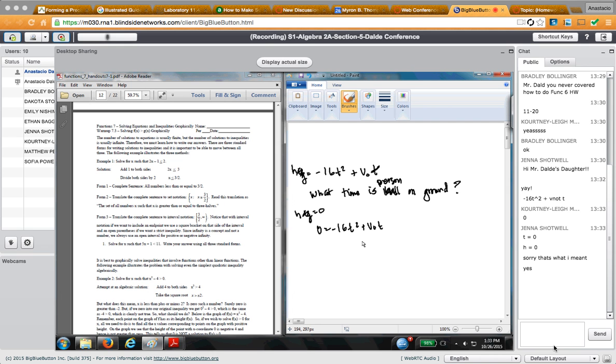Then I solve for that: I put 16t squared on the other side, equals v naught t, divide both sides by t, and I end up getting the time that I'm looking for is v naught over 16, because I'm asking what time this is going to happen. So, everyone cool with that? That's the time at which the thing is on the ground.